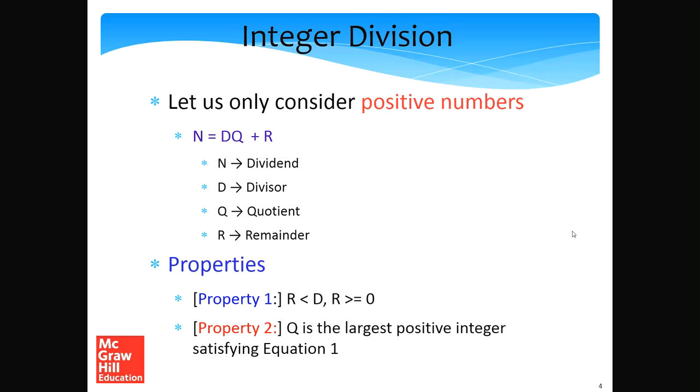What most libraries or processors would do is first convert the numbers to positive numbers, do the division with positive numbers, and then adjust the remainder according to the convention. So again, there are different ways of doing it, but let's just stick to positive numbers in our discussion.